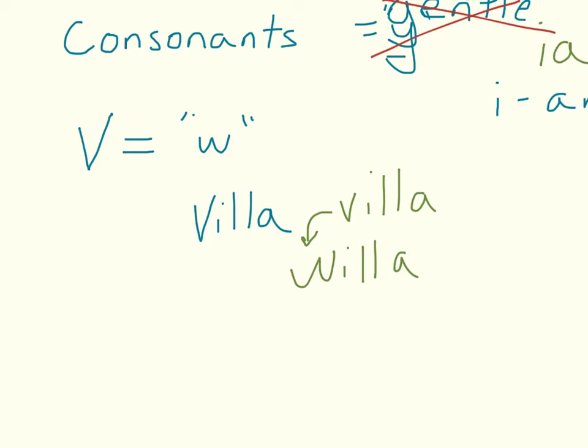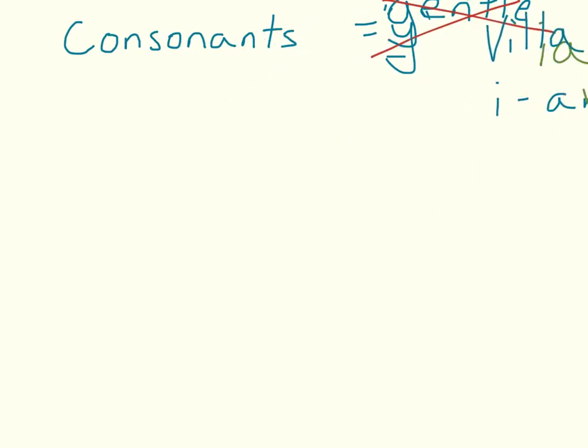Now, there are some consonants that are worth noting because they don't appear in Latin. Among them, the letter J itself. At some point in the Middle Ages, someone grew tired of having I as a consonant and I as a vowel. So they split them and turned the I consonant into a J, which is where we get our letter J. But in classical Latin, you'll never see the letter J appear.